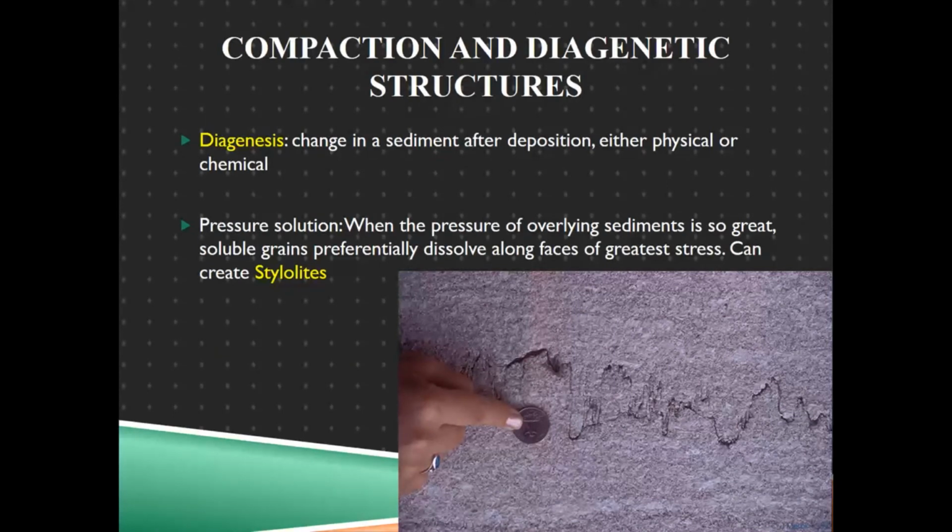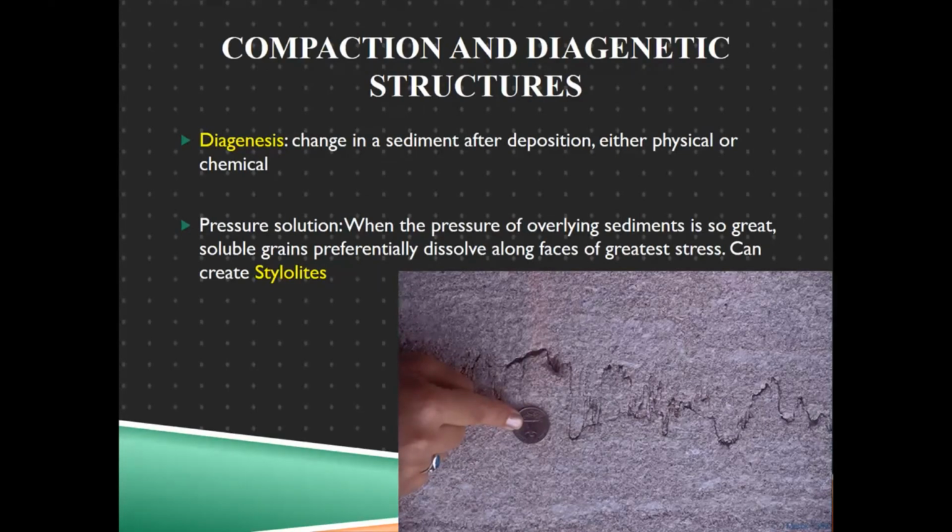Another type of compaction structure happens due to diagenesis. This is a word that means changes after deposition. So the changes can be physical or chemical changes. And one of the prettiest, I think, is when we have pressure solution.